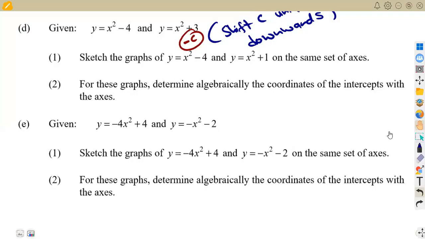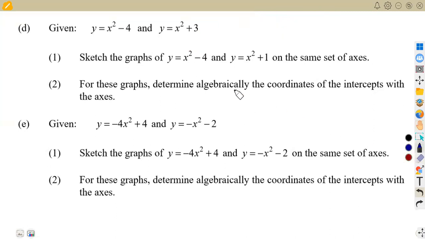So the first questions we are given here are to sketch. Like I said, guys, it's going to be important if you understand the basics that I've explained here. Let's take the first question. We've got y is equal to x squared, then there's a -4 there, okay?